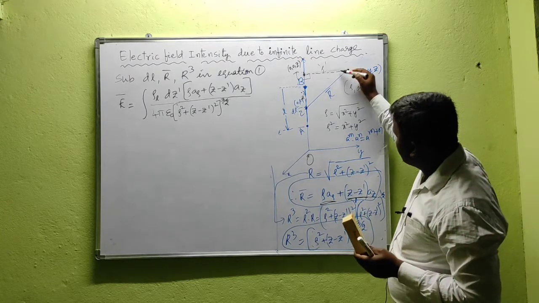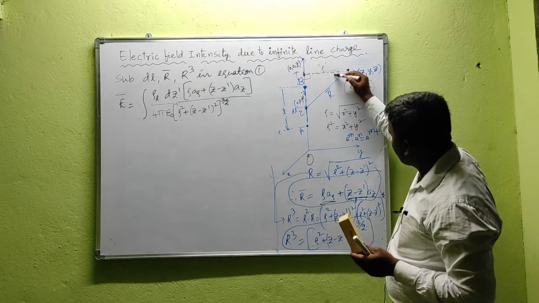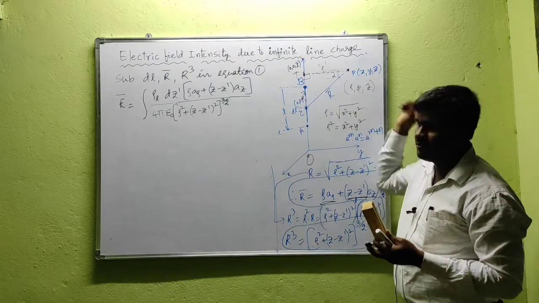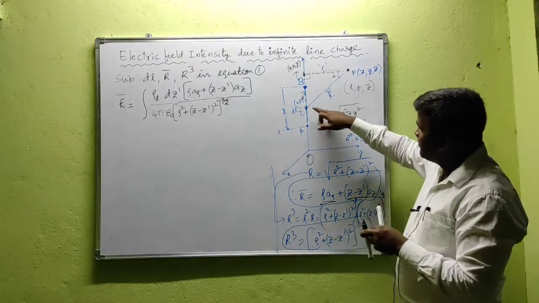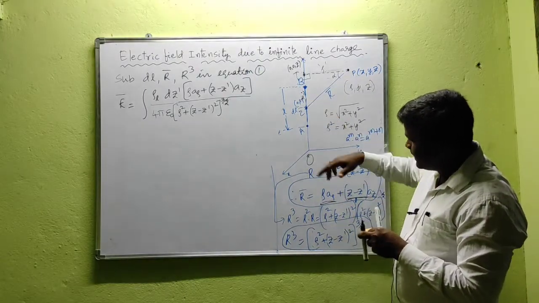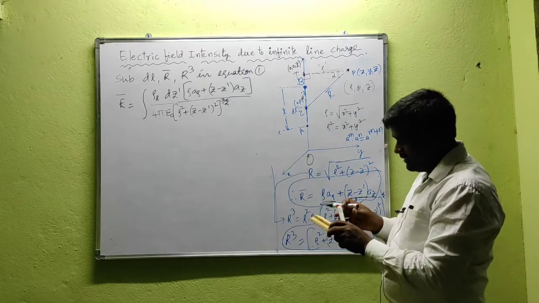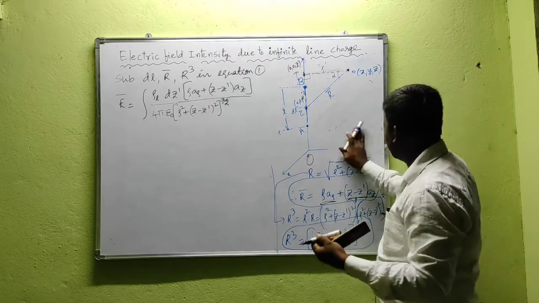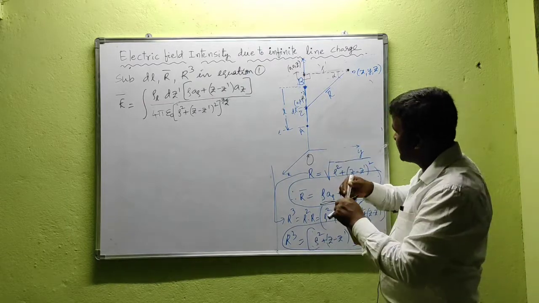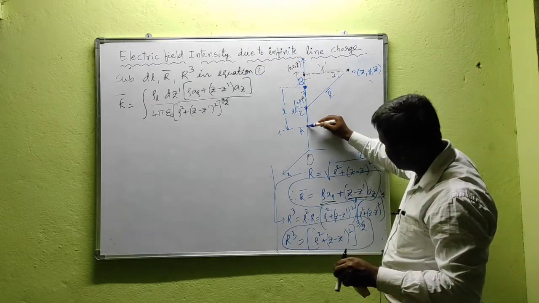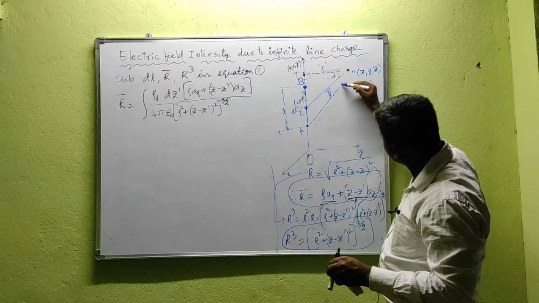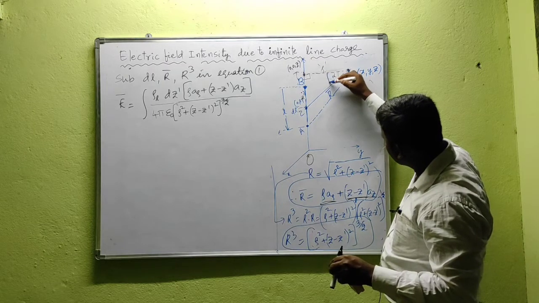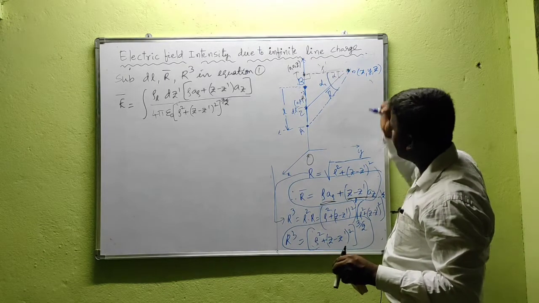And here we will get some angle alpha. This alpha is the angle between CP and TP. Suppose this point is shifted downside up to point A. In that case the distance vector becomes like this, and we get a subtended angle like this, that is alpha 1.